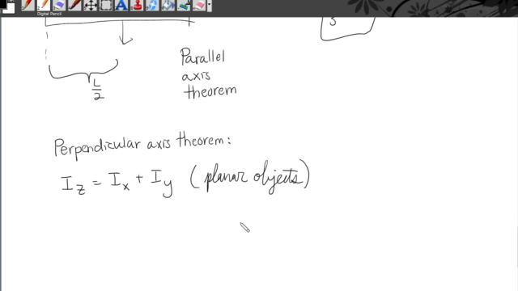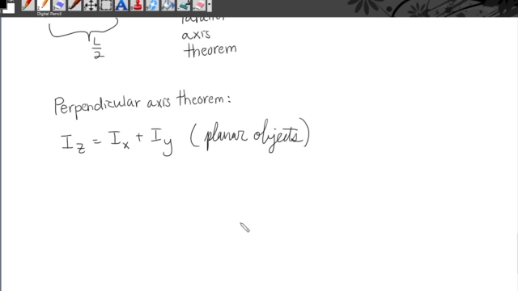So, for instance, let's say we have a disk. And as I said earlier, the formula for a disk through the diameter is just 1/4 mr squared. And let's say I want to derive the formula for a disk when it's through the center.